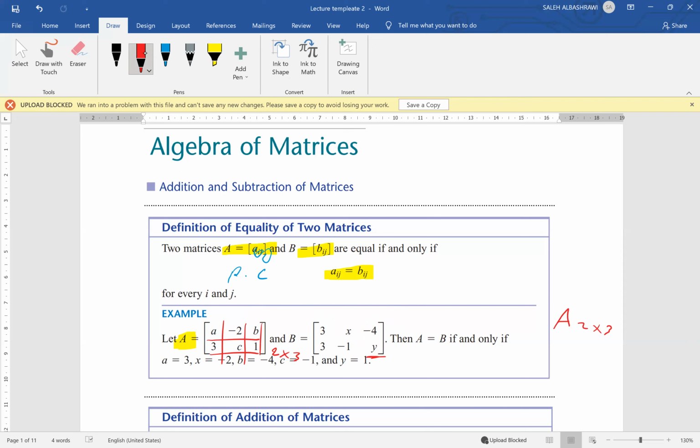B also has the same thing, 2 rows and 3 columns. So the two matrices must be of the same size, and then we look for the element in the same location. If they are equal, then the two matrices are equal. If one of the elements is not equal to the same element in the same location, we say that A is not equal to B. This is the first thing.